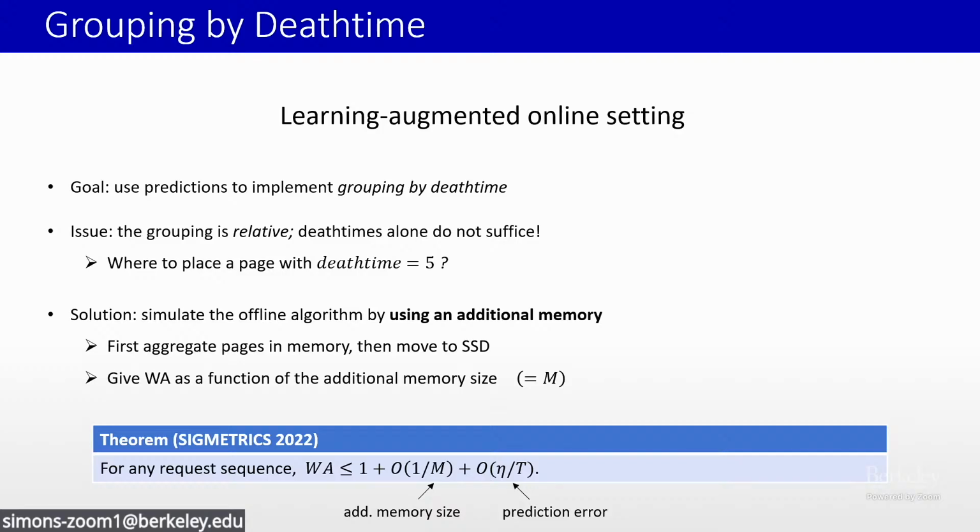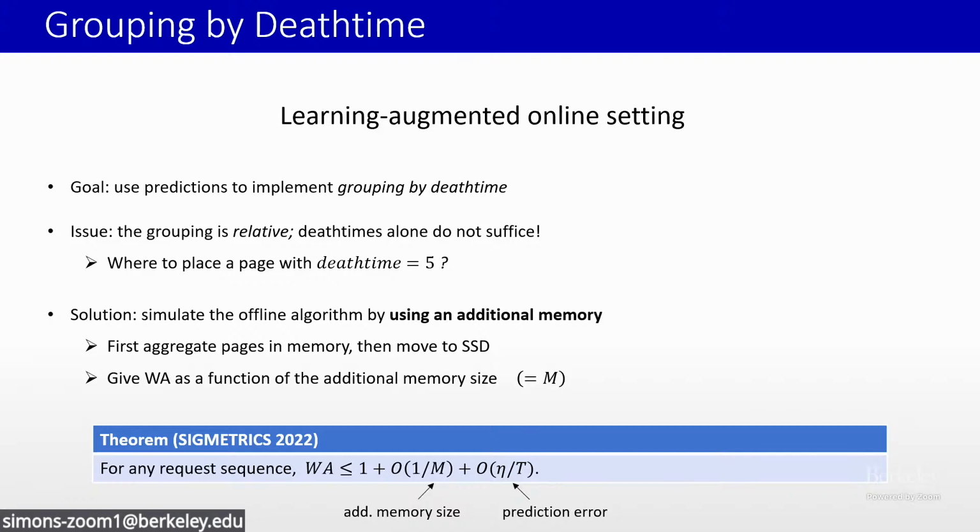And we can show that the write amplification is 1 plus a term which depends on 1 over m plus a linear term in the prediction error divided by the length of the sequence. So here we have a linear dependence, and over there the dependence is inverse in the size of the memory, so the more memory we have, the better the write amplification is.